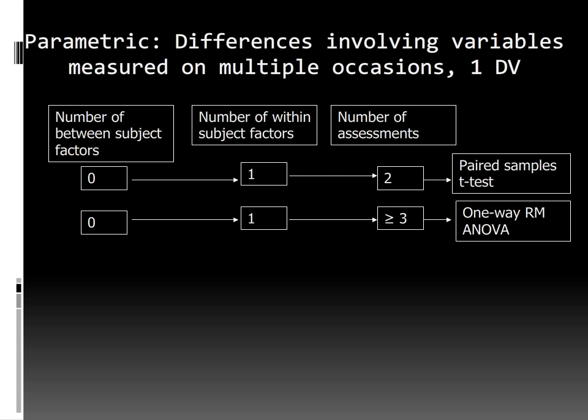So in this instance, your within subject factor is time. The within subject factor, time, is assessed on 3 or more occasions, and there is only 1 dependent variable, anxiety levels. There are no between subject factors. Therefore, it is most appropriate to run a one-way repeated measures ANOVA for the analysis.